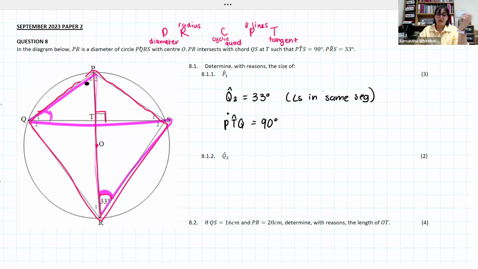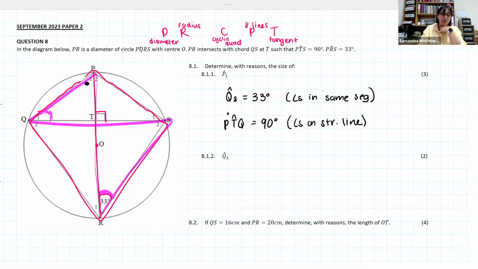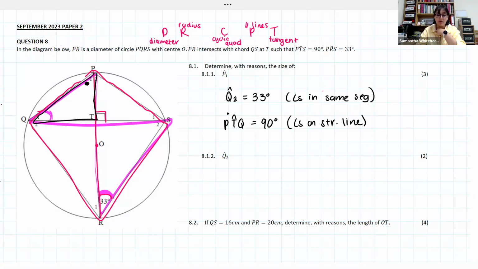But it is 90. If you really feel that way, angles on a straight line. And because we now have two of the three angles in the triangle PTQ, we can use sum of angles in a triangle. And so therefore, angle P1 would be equal to 180 minus 90 minus 33, which is 57.